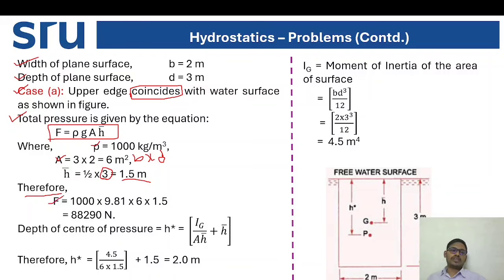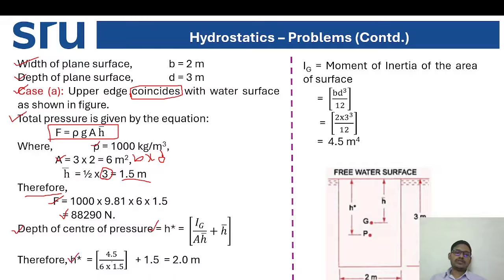Therefore, force equals rho g into A into h bar, that is equal to 1000 into 9.81 into 6 into 1.5. Now for the depth of center of pressure, h star, we have to find two things, h bar and Ig. h star equals Ig by A into h bar, plus h bar.